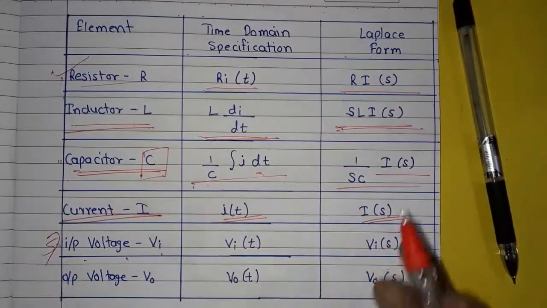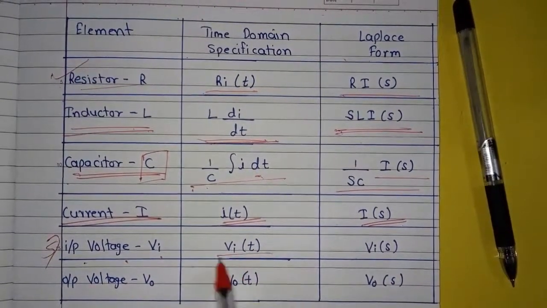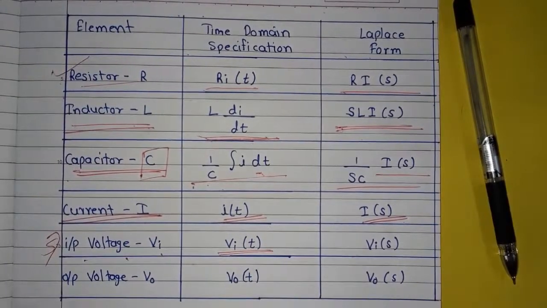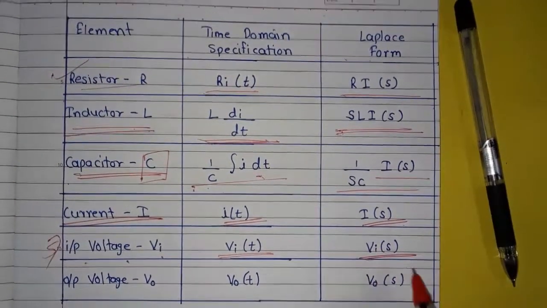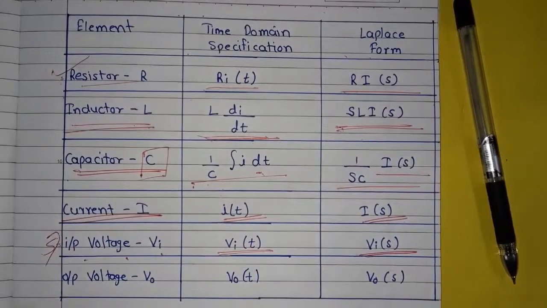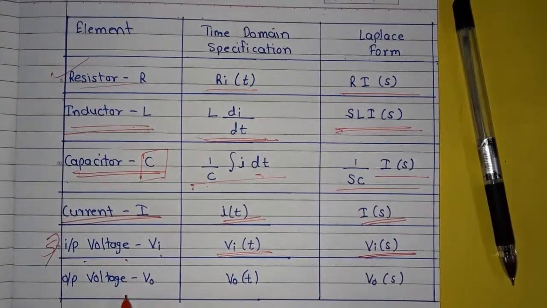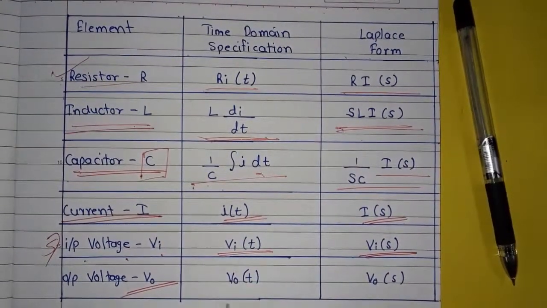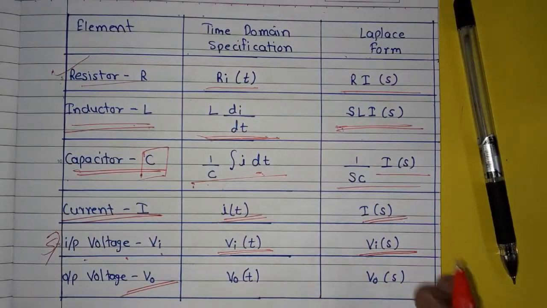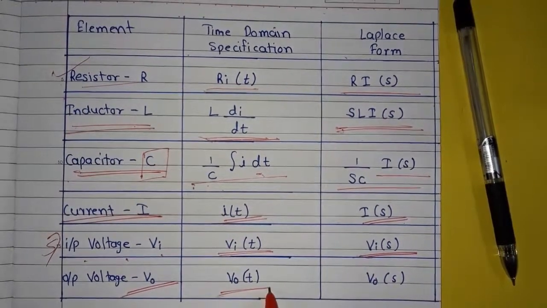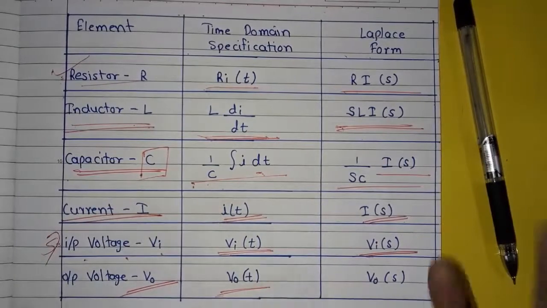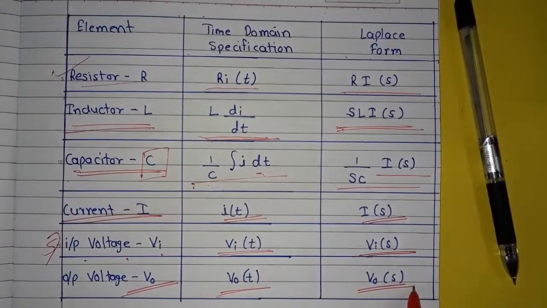Its time domain specification is Vi of t and Laplace form is Vi of s. Sixth is output voltage. It is denoted as Vo. Its time domain specification is Vo of t and Laplace form is Vo of s.